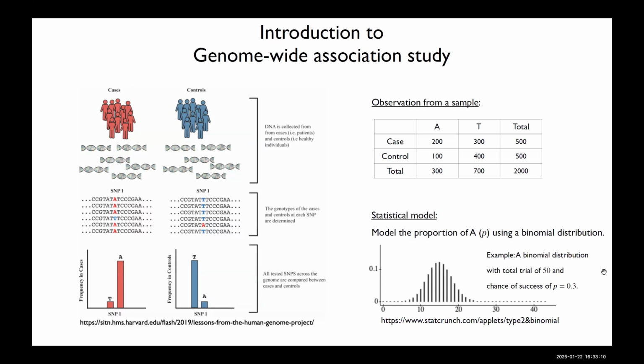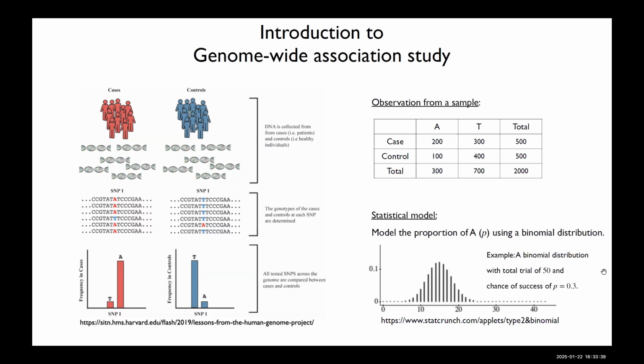Like the coin toss. Consider observing an A as head and observing T as a tail, or more genetically, you can consider having an A as success and T as a failure. So in this model, we consider each observation of an A or T as an outcome of a Bernoulli trial.